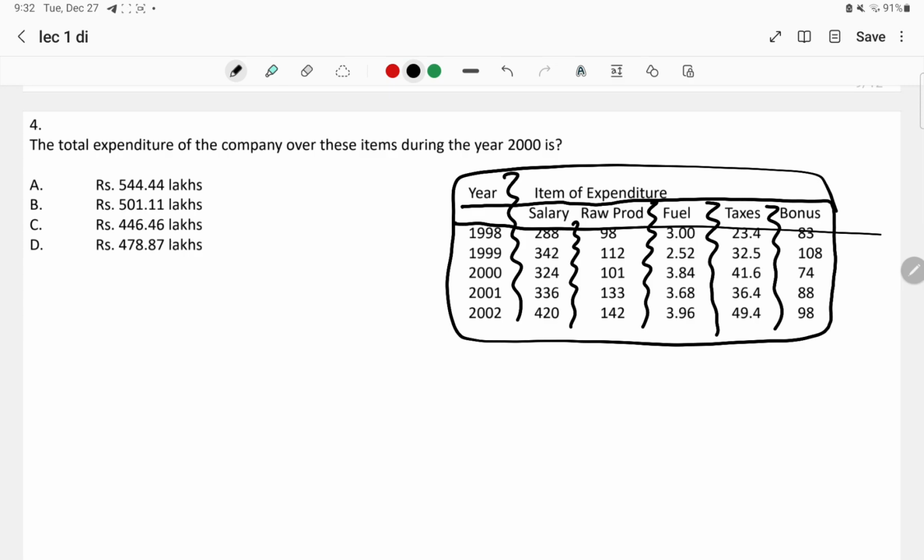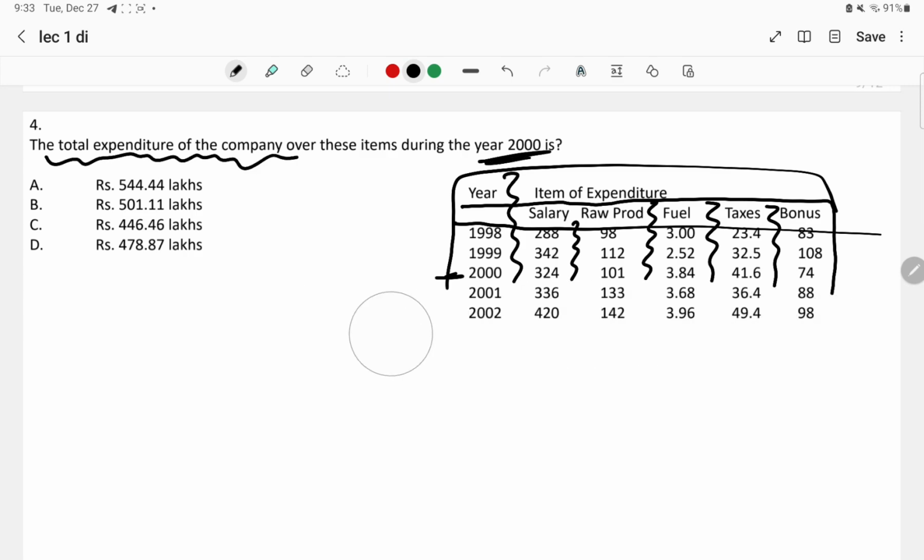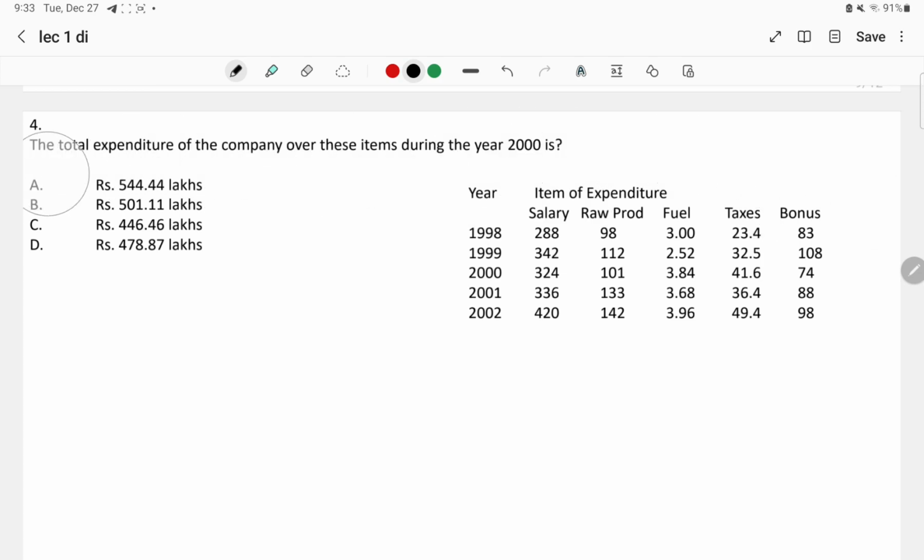In this particular question, the total expenditure of the company over these items during the year 2000, how much expenditure the company has done in 2000, that they have simply asked us to calculate. Whatever the expenditure the company has done in the year 2000, that only we have to calculate.